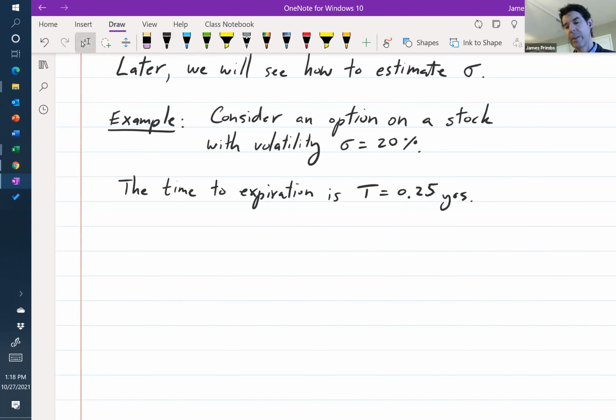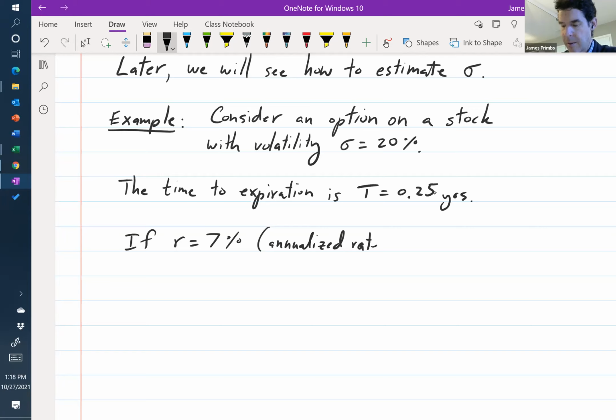And then let's say we look up interest rates. If R equals 7%, this is an annualized rate. And we want to build a 5-period lattice.